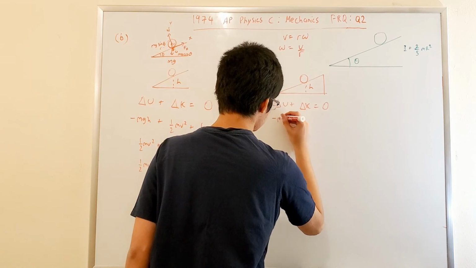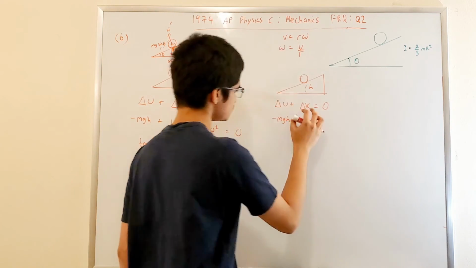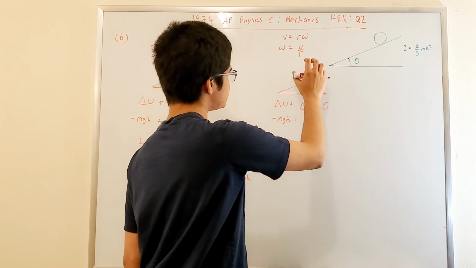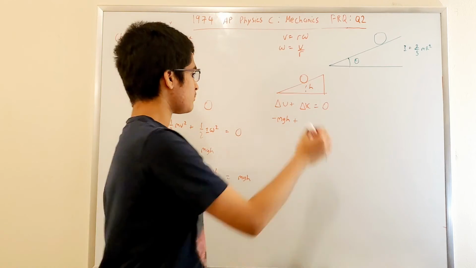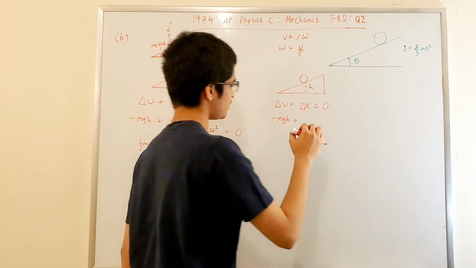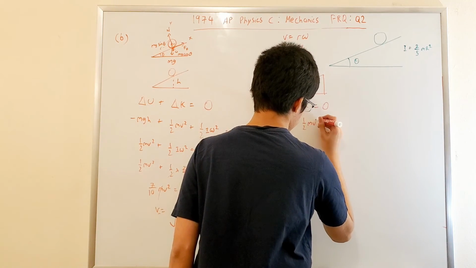So our change in energy is negative mgh for potential. But the kinetic energy, while it is 0 at the beginning, just gets converted to 1/2 mv squared by the end. So our change in kinetic energy is 1/2 mv squared.